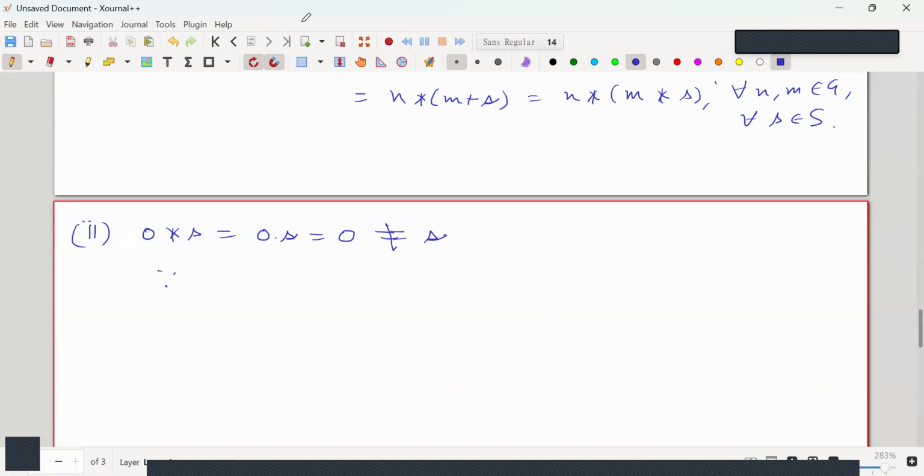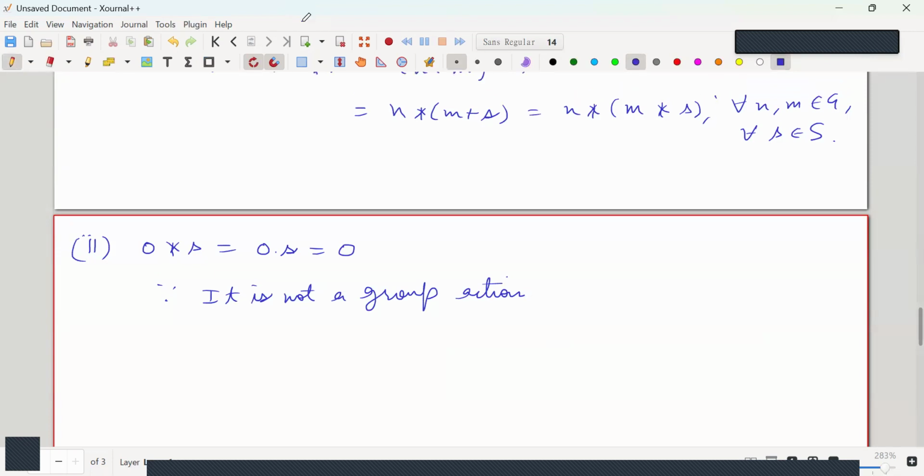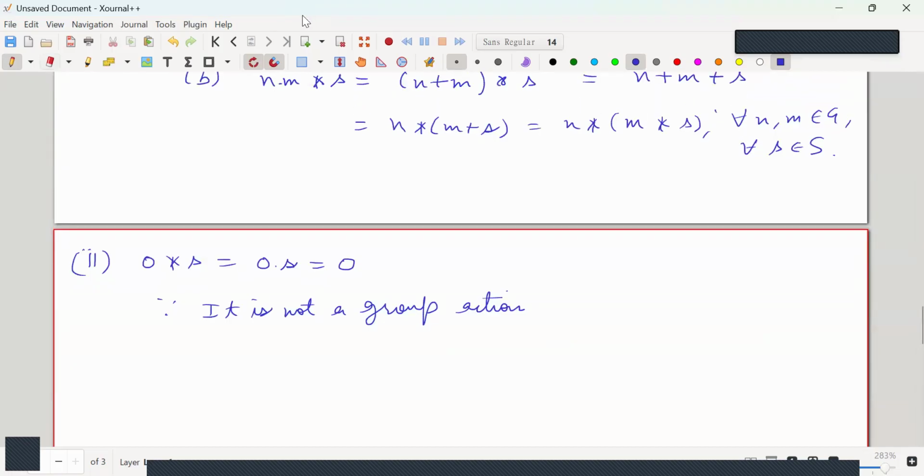Therefore, it is not a group action. This can be 0 when s is 0, but we want it for all s. So it violates the first property and it is not a group action.